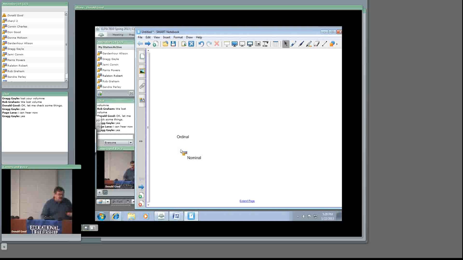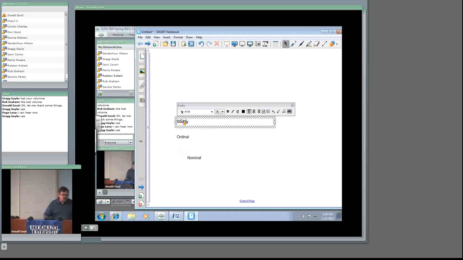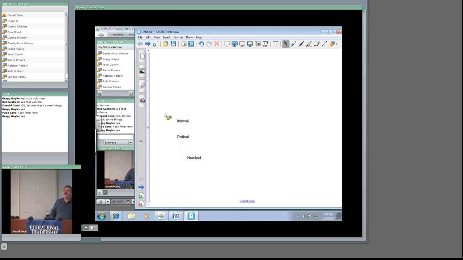So the next level of data is interval data. Most educational data is interval data. For example, let's talk about test scores.